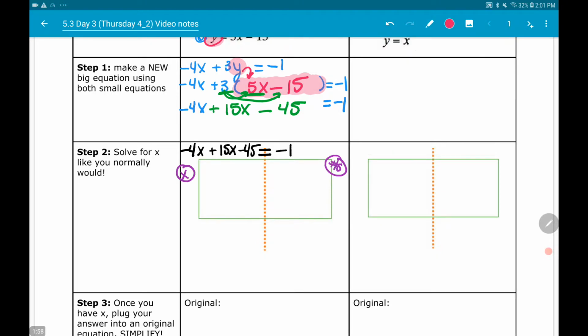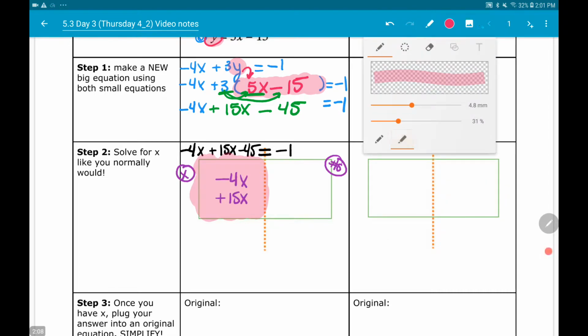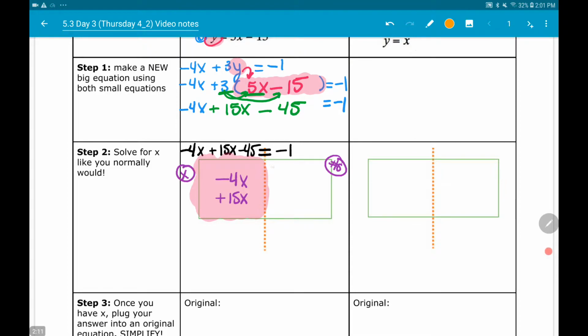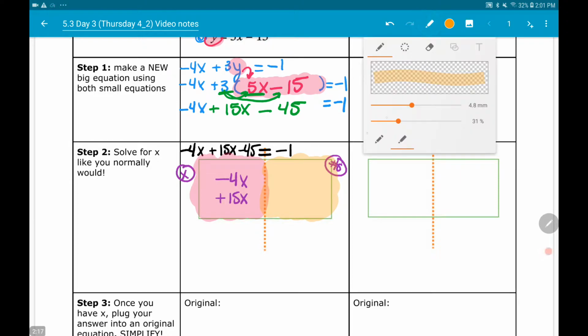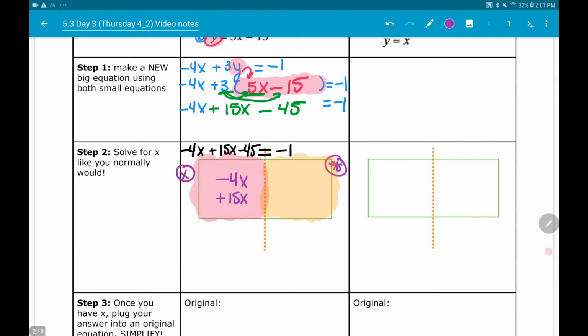So what's going to be put on my variable side? All right, I got negative 4x plus 15x. Now what's going to go on the number side? For that, you should get negative 1 and positive 45 because that's crossing over.